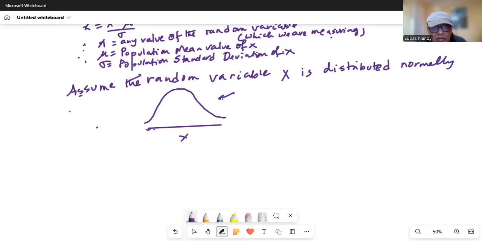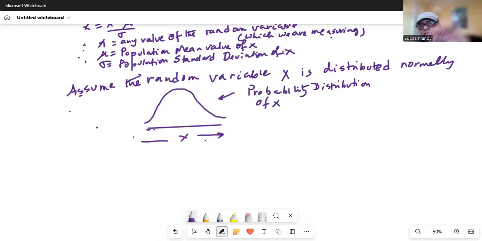This is the probability distribution of x. What does it mean? For different values of x on the horizontal axis, we list the probability and then join them by a smooth curve. So we have probability on the vertical axis. This is normal or bell-shaped.